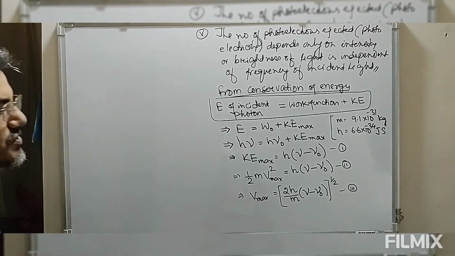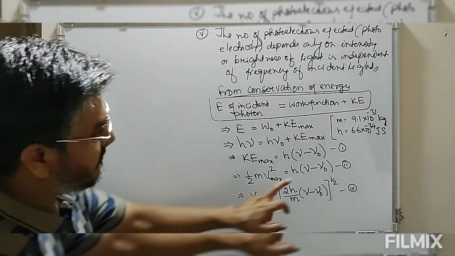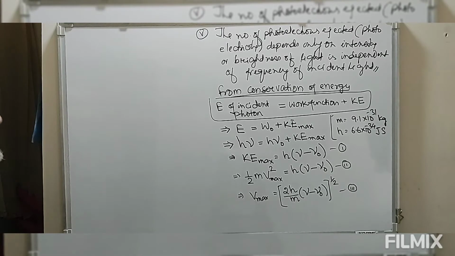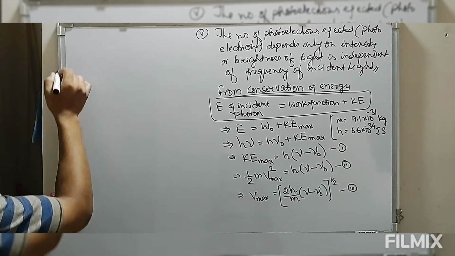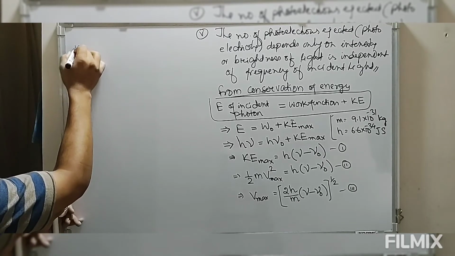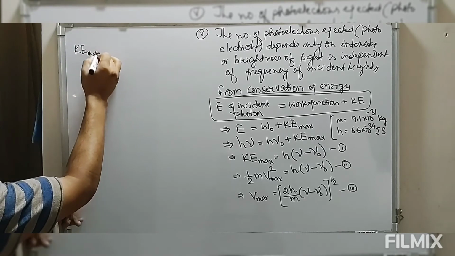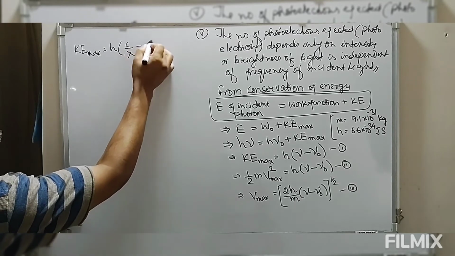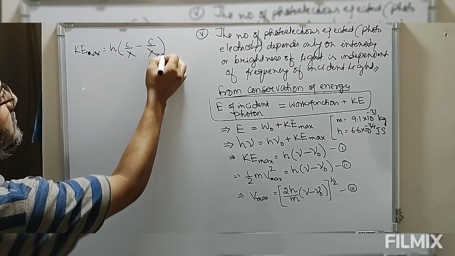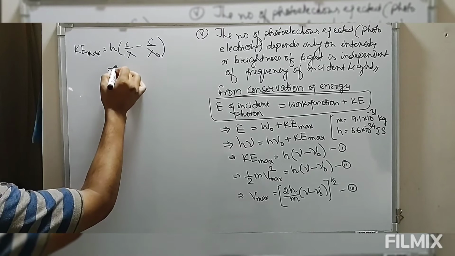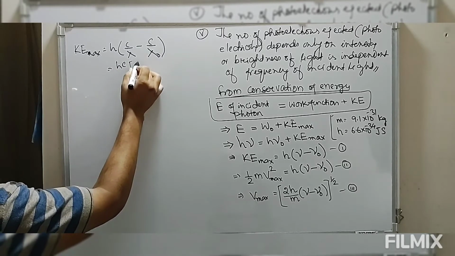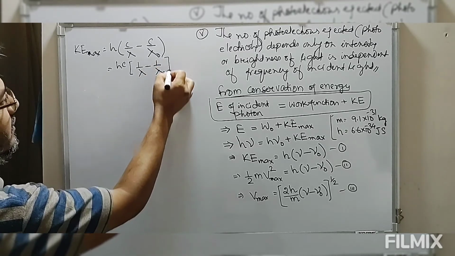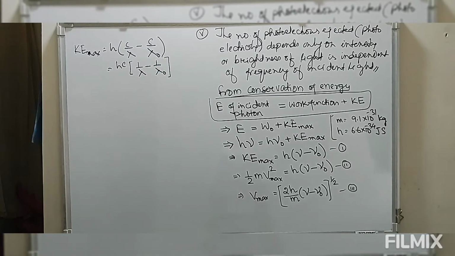Now sometimes, instead of frequency, we may be given the wavelength of the incident photon. Then the maximum kinetic energy can also be written as h into nu, where nu is c by lambda minus c by lambda naught, or we can say hc into 1 by lambda minus 1 by lambda naught.